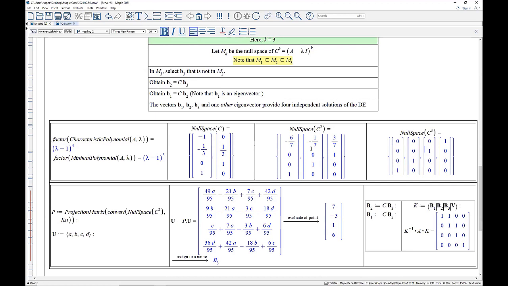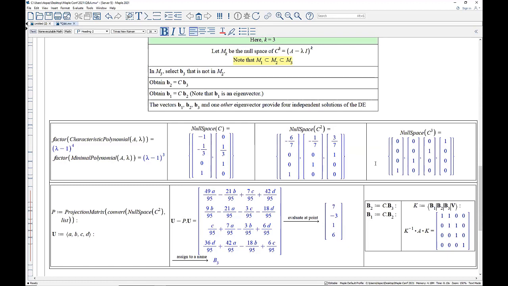And the best recipe that I can come up with for finding that is to form a projection matrix that projects down onto this null space and take the orthogonal complement. If you do that, so you've got the projection matrix and the subtraction, that gives you the vector in this space that's not in this space, and then simply by multiplication, you get the generalized eigenvectors going down the chain.